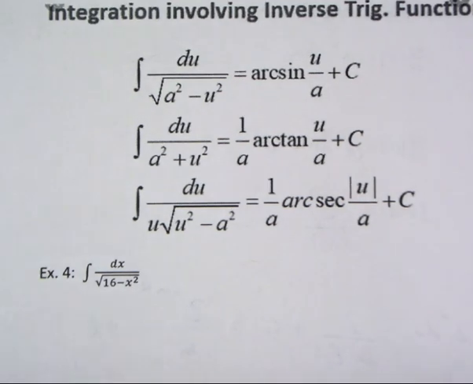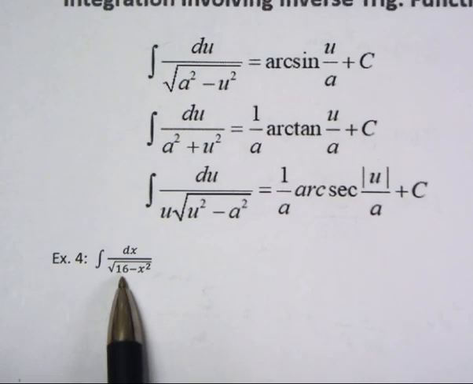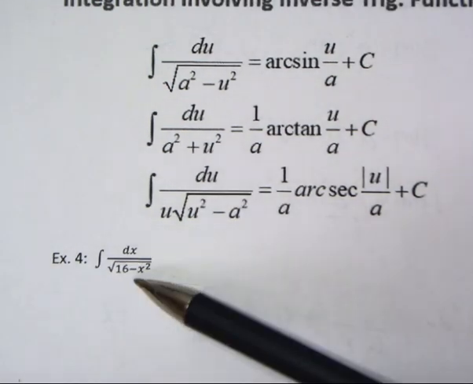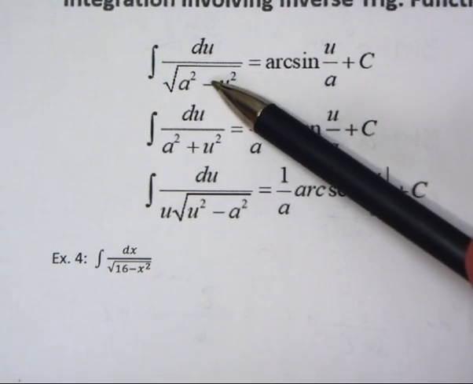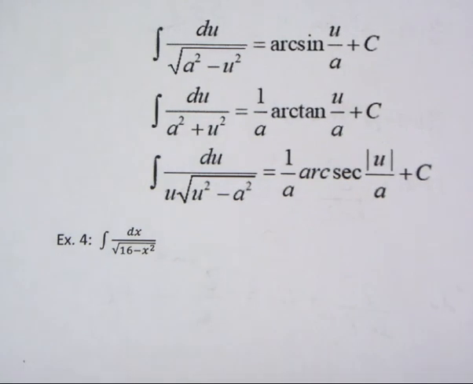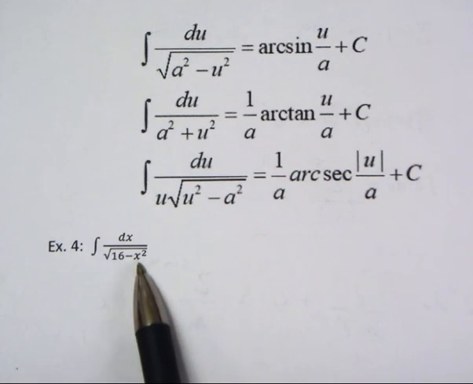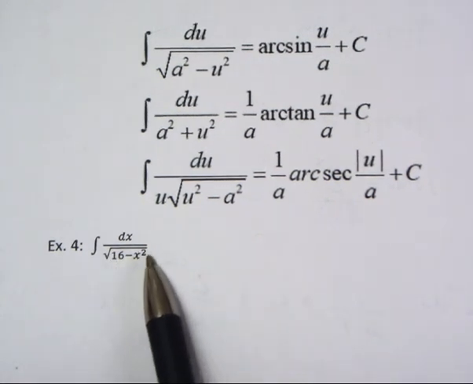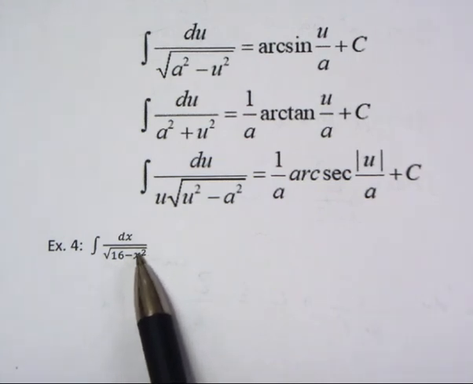Okay, so I have this integral right here, and we really just need to match up the form to first identify, am I dealing with arcsine, arctangent, arcsecant? But now that you know u substitution, it's easy to look at this and try to have this be u. I have a lot of students that will say, okay, let's have 16 minus x squared be u and do u substitution.